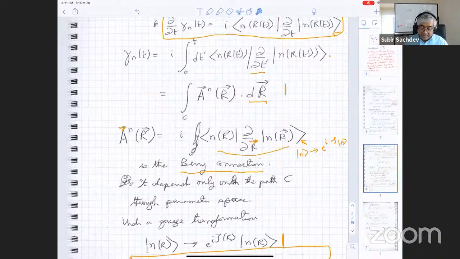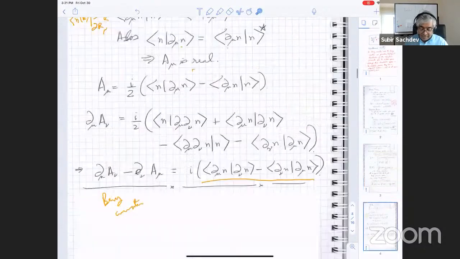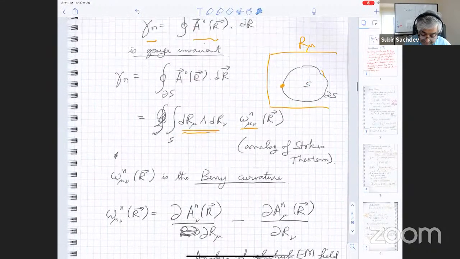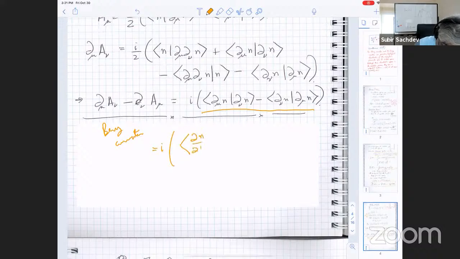And then after you've computed A from this, you compute its curvature, or more explicitly, it's given here. Okay, so if you want, let me write it out in its full glory. That's i times dn by dr mu times dn by dr nu minus the opposite.